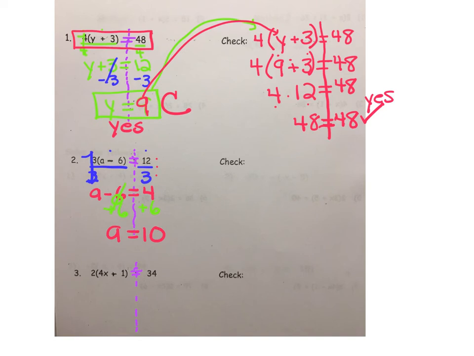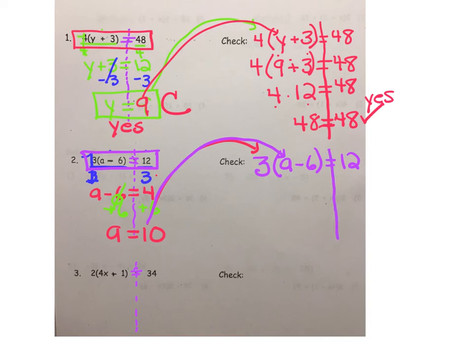It's up to us to check our answer now. So let's go over to the check area. Let's write down the equation we were originally given. 3 times the quantity a minus 6 equals 12. Let's put the number 10 in for the letter A. But before you do that, drop a solid line. 3 times 10 minus 6, does it equal 12?